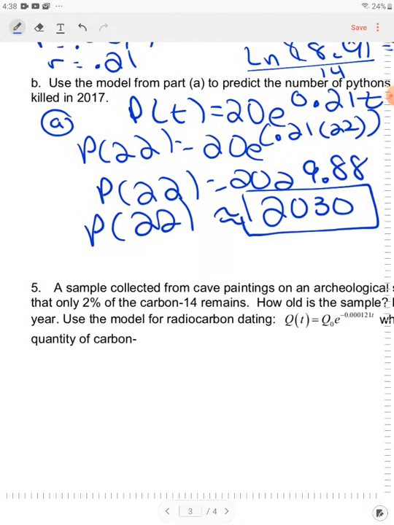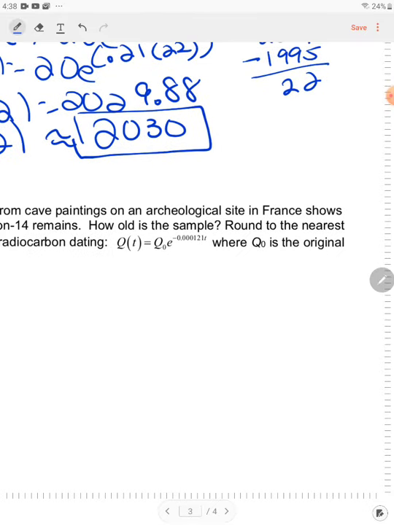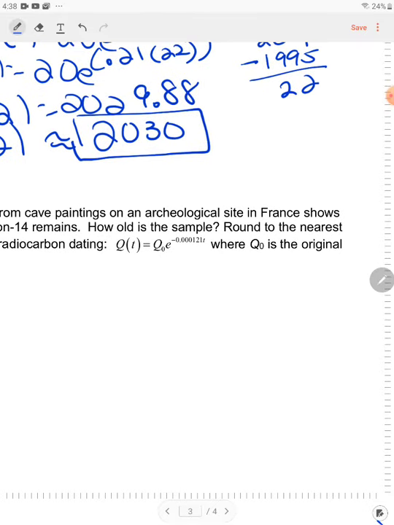Okay, let's see how many zeros are there. e to the, okay, behind the decimal point: 1, 2, 3, 121. Okay, so let's see. So Q of t is equal to Q naught e to the negative, so it's going to be a decay, 0.000121t.